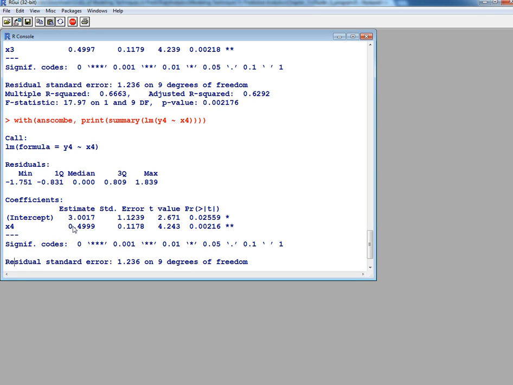So from all of our analytical techniques, what do I mean by analytical techniques? I mean we looked at the mean and the standard deviation and even the line that relates the data. These seem to be the same. But are they really the same? Are these really the same data sets, like x1, y1, or x2, y2, or x3, y3?